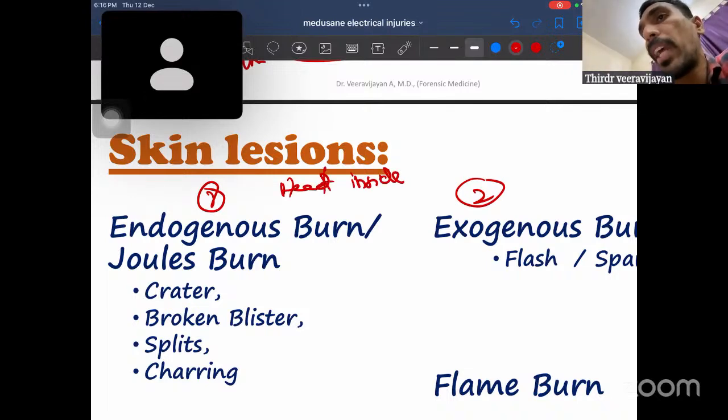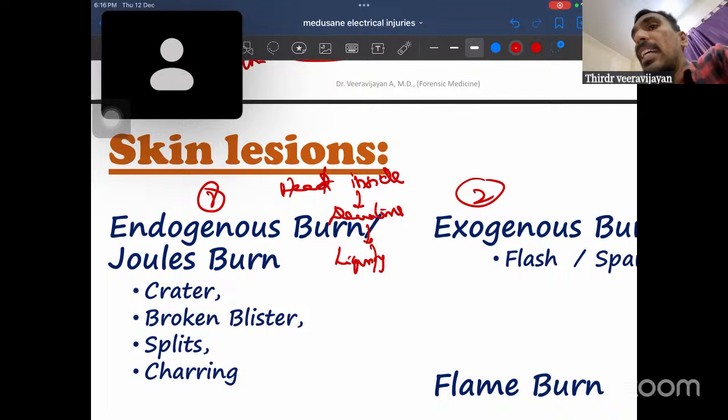That is the first point. Then this heat denatures the protein and it liquefies it. After liquefaction, this liquid will boil and ruptures. When it ruptures, it produces burns. That burn is known as Joule's burn or crater. I will explain what is crater in the later slide.